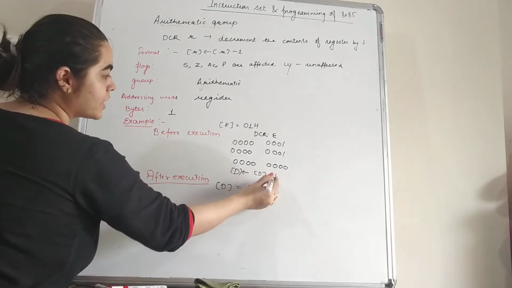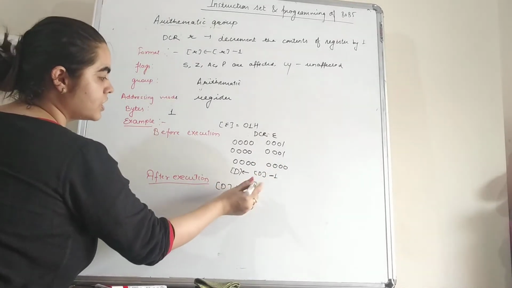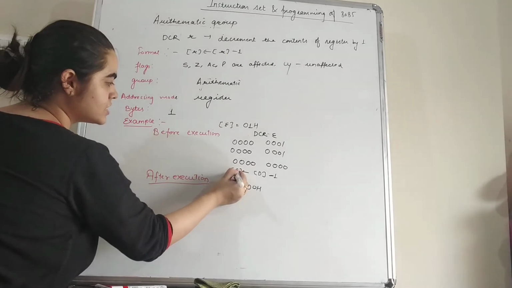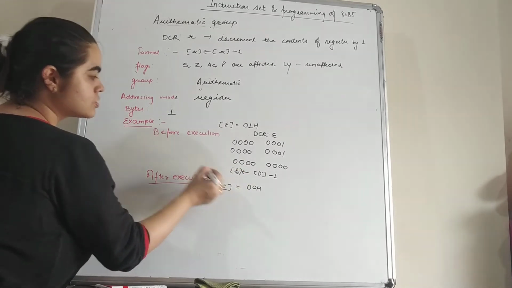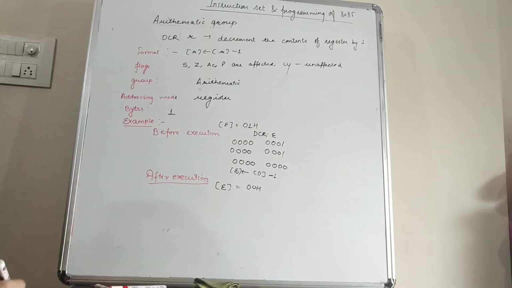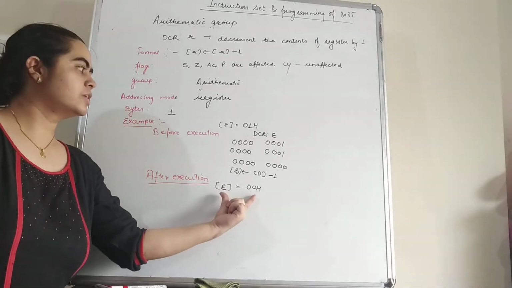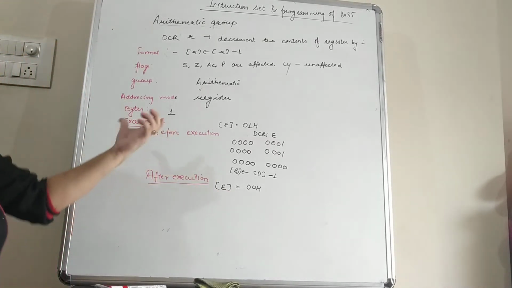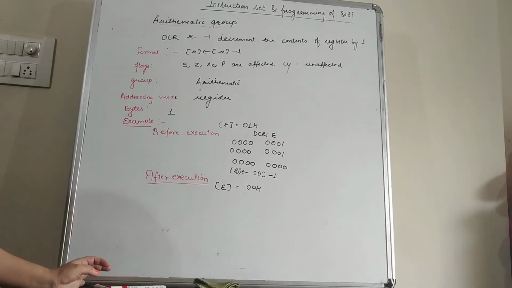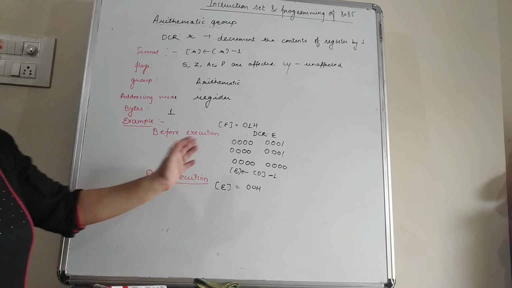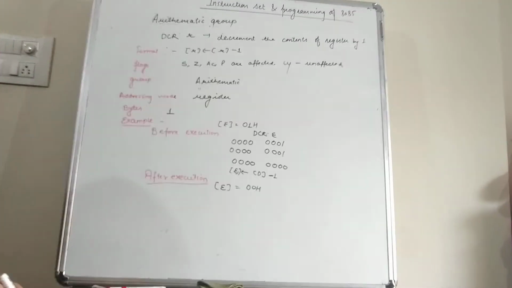So after the execution of this instruction, the value in the E register is 00H, because in E we had 01H, and if we decrement the contents of E by 1, the result is 0.